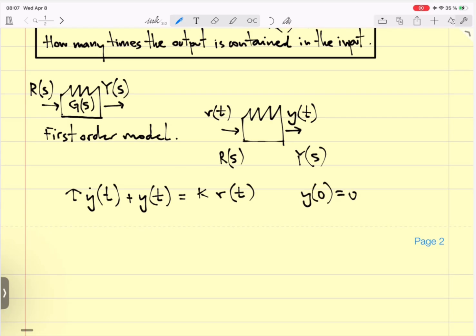Okay, so we apply the Laplace transform as we know, and this becomes tau s Y of s plus Y of s equals k R of s. Okay, and then we factor Y of s.